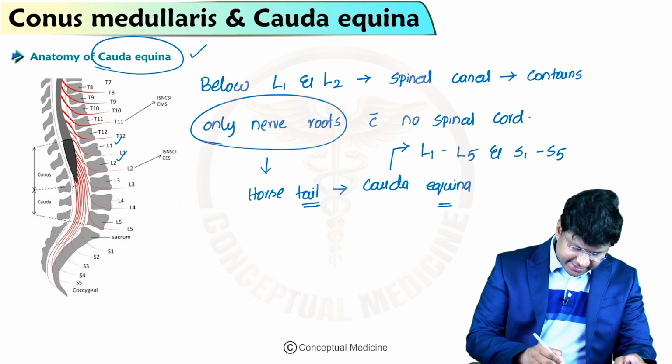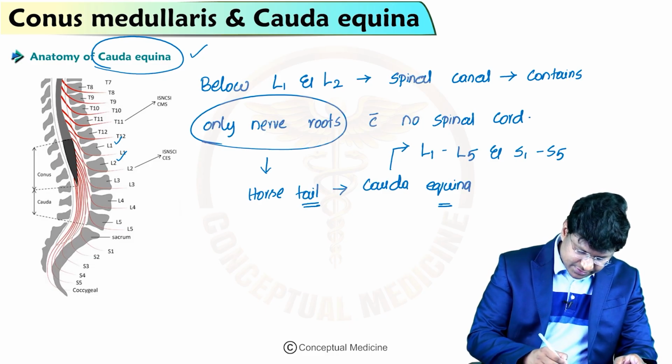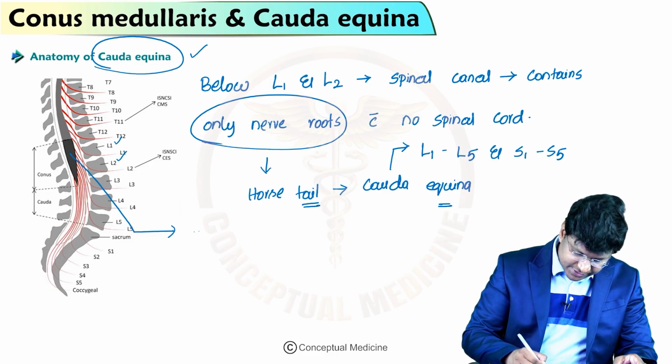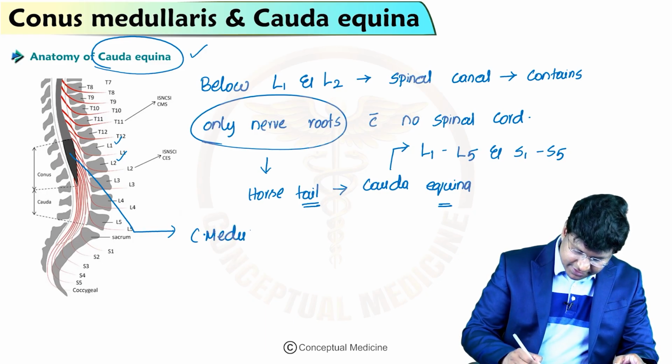Take this conus medullaris, which is the terminal bulbous portion of the spinal cord.